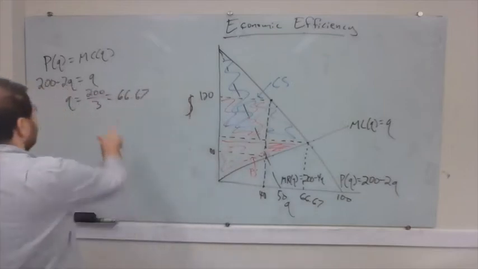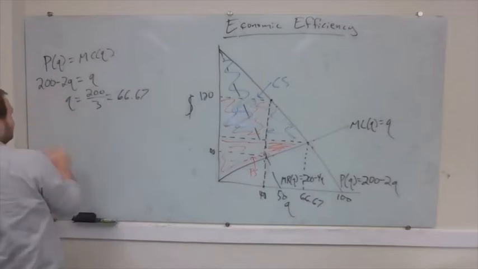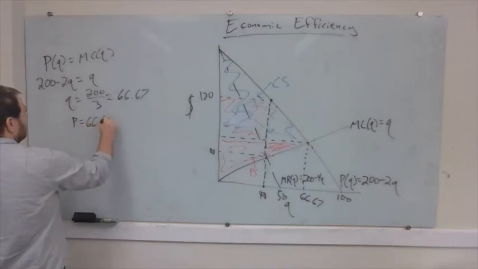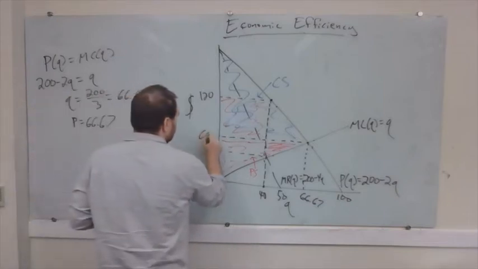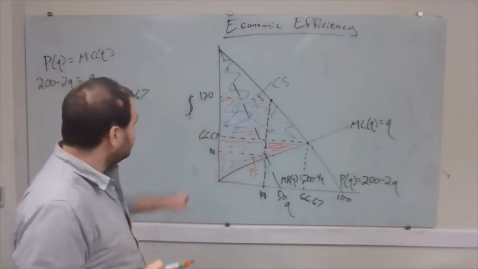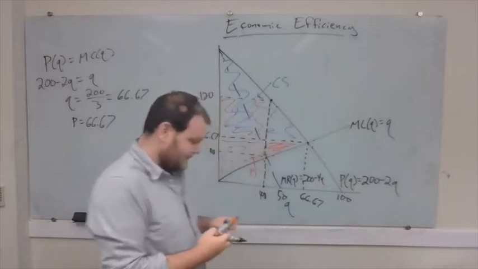So instead of selling their units at a price of 200 minus 2 times 66.67, right, they're going to sell their output at a price of 120, gain this rectangle of profit while giving up this little triangle of profit.